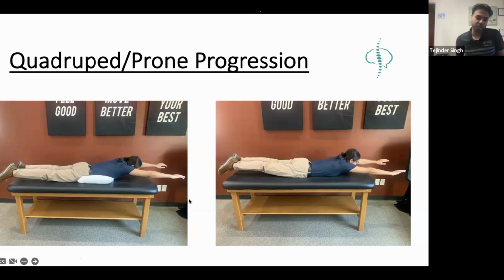So let's have a discussion on what position you think multifidus activates the best. Is it the quadruped, the prone, or the sitting? Some of you are saying sitting. I'm going to talk about what research says, not what my opinion is and what I use, because when you look at the literature, data trumps everything.